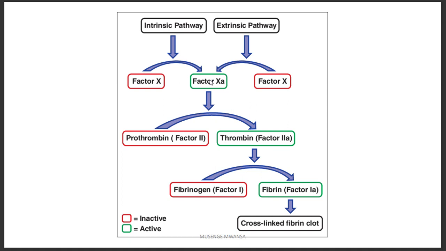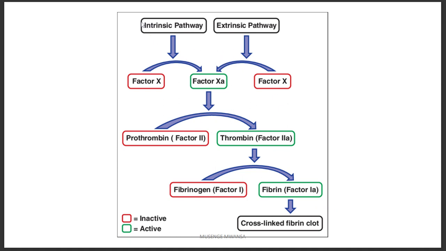And that forms what we call the prothrombin complex. That is a complex that converts prothrombin to thrombin. And then thrombin converts fibrinogen to fibrin. And then fibrin is going to be stabilized by fibrin stabilizing factor. So this is the process of blood coagulation: extrinsic, intrinsic, and the common pathway.